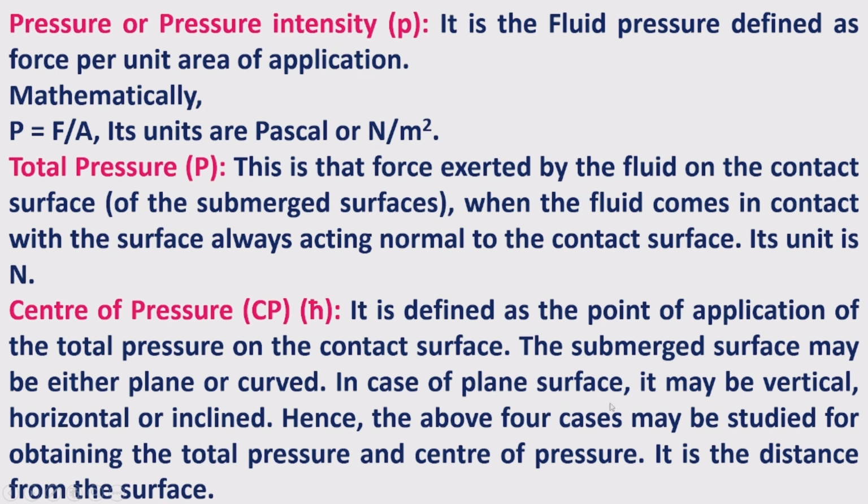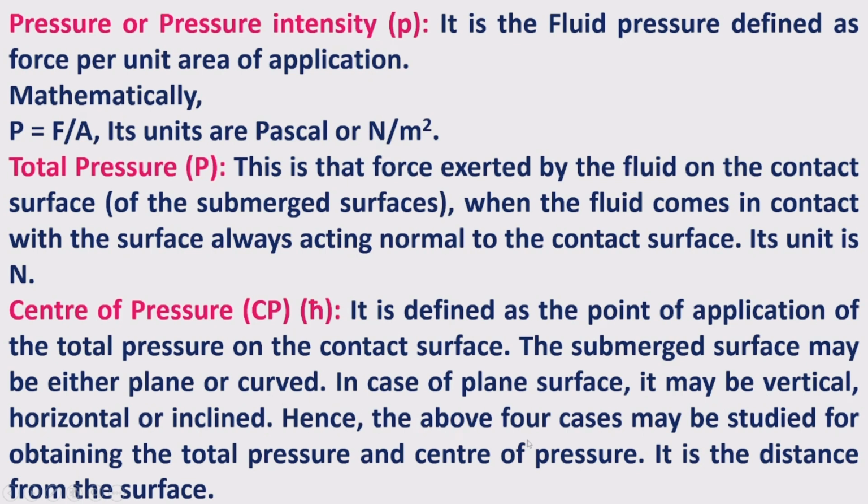In the case of a plane surface, it may be vertical, horizontal, or inclined. Hence, the above four cases may be studied for obtaining the total pressure and center of pressure. That means the plane surface is of three types: vertical, horizontal, and inclined, plus the curved surface.